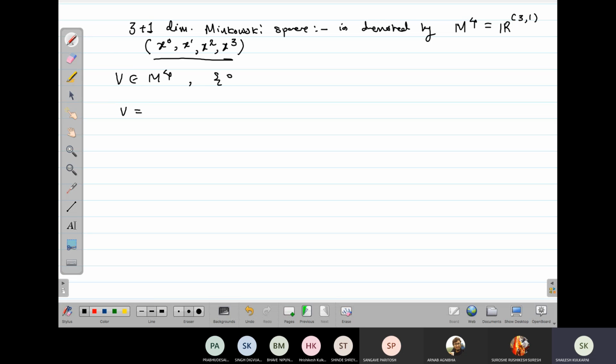Let E mu be the basis. Now instead of writing i, j, k, I will use mu; it is usual practice to denote the indices by mu. Any vector in this Minkowski space can be written as a linear combination of this basis. I will not write the summation; when indices are repeated they are summed over, called the Einstein summation convention. So mu runs from 0, 1, 2, 3.